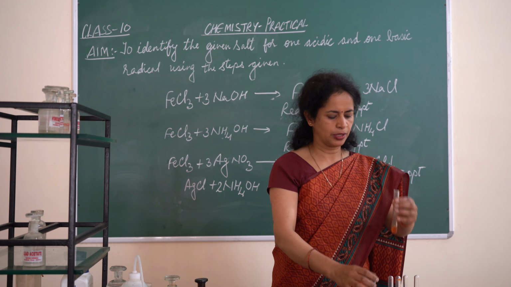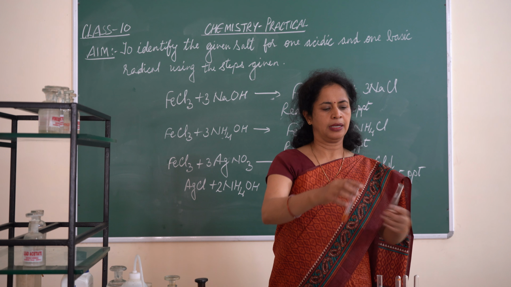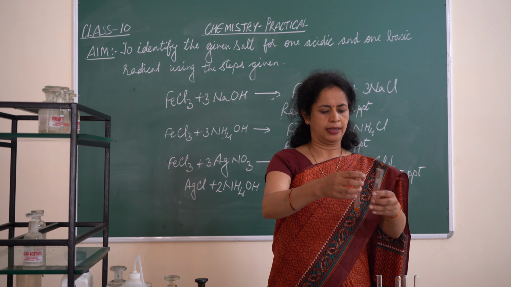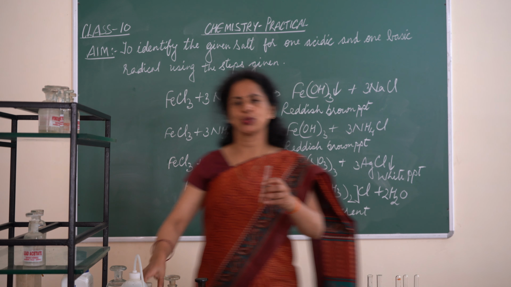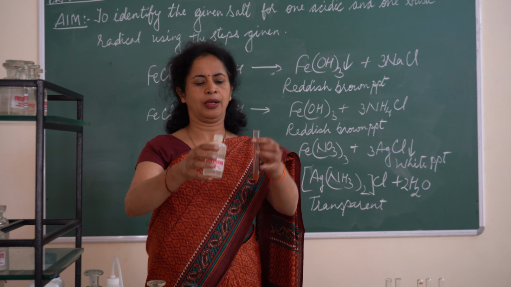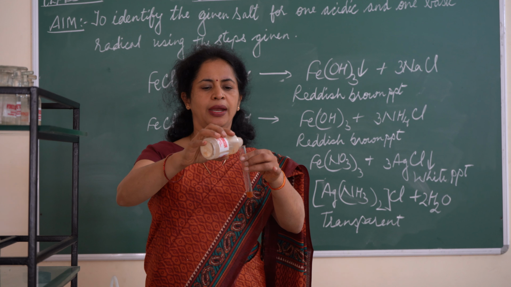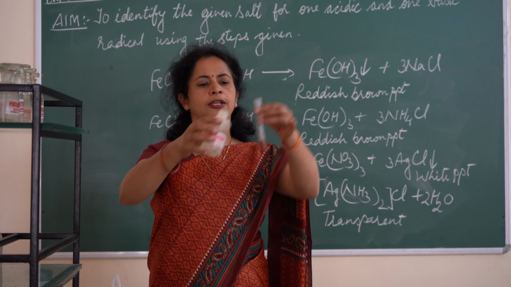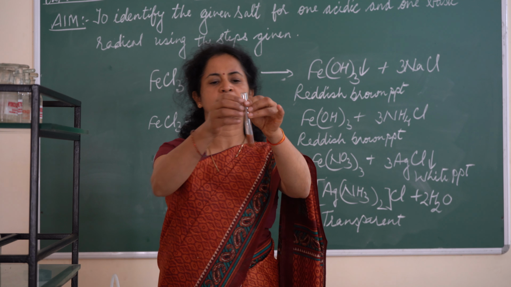Take the first part of the solution and add sodium hydroxide solution to it. On adding sodium hydroxide, we get a reddish brown precipitate.